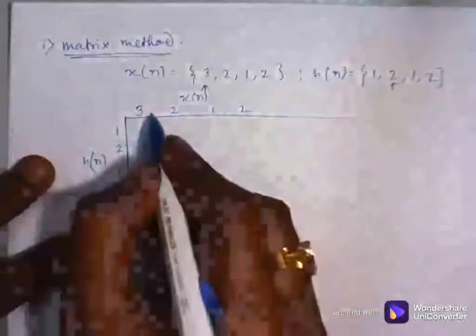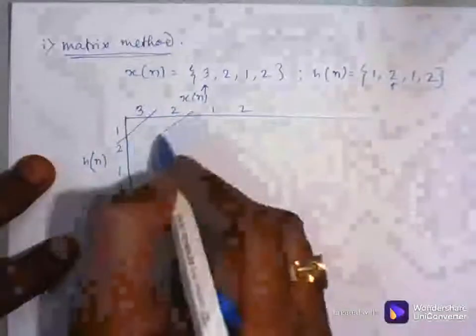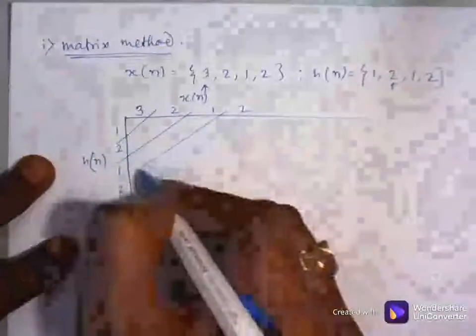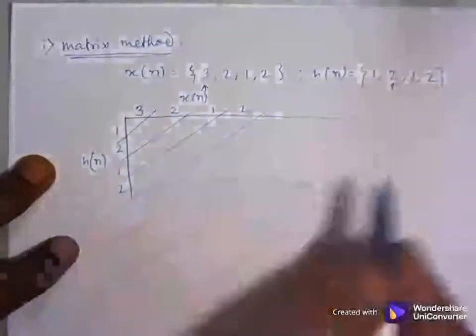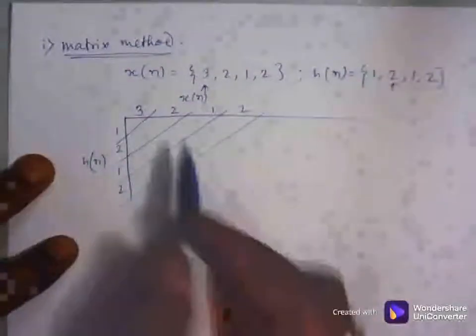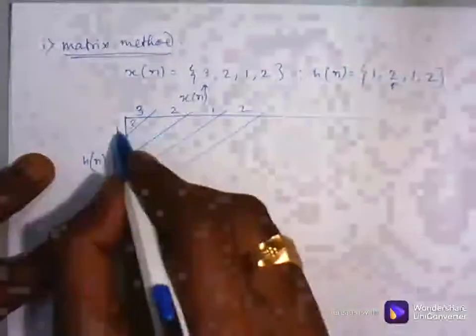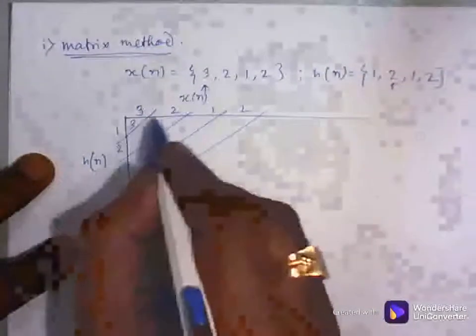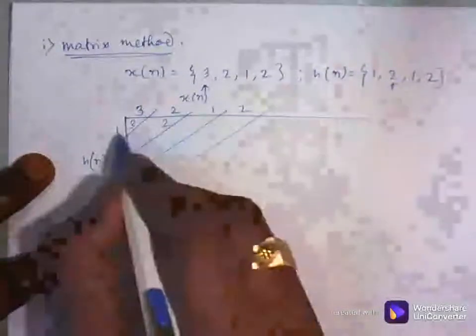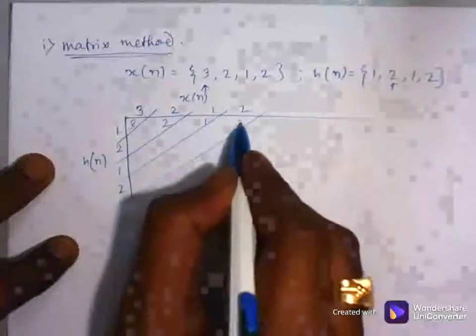Okay, now I have to multiply like this. So 3 multiplied with 1 is 3, 1 multiplied with 2 is 2, 1, 2.